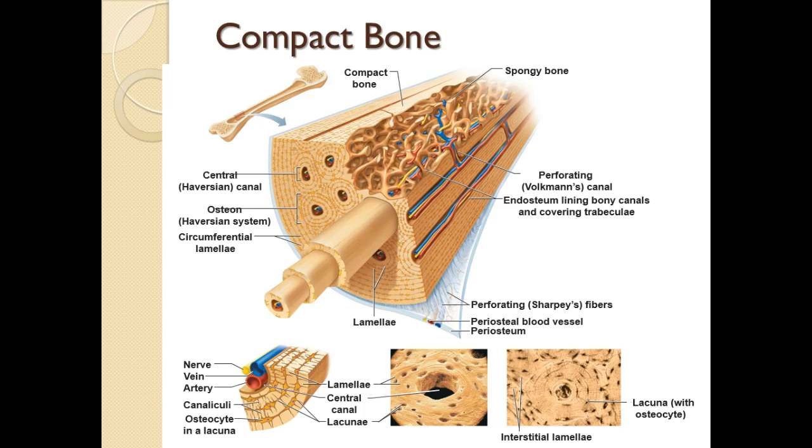Between each ring, between each lamella, you have the spaces called lacunae. And the lacuna is filled with osteocytes. So osteocytes reside in the lacuna. Also in the very center of all of the osteons, you have the central canal, which is filled with nerves and blood vessels. That's it.